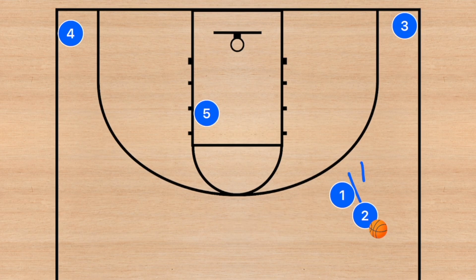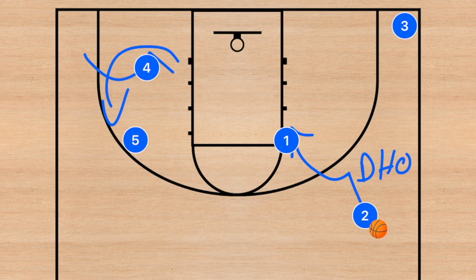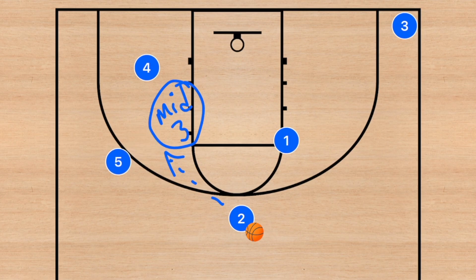So after this DHO, after this dribble handoff, we're still going to have player 5 roll to the basket. However, now we also want to see player 4 come in and set this screen for player 1 so that now player 2 has multiple options. He could hit player 5 for the mid-range or 3-point shot, depending on how comfortable you are with your 5-man shooting threes.